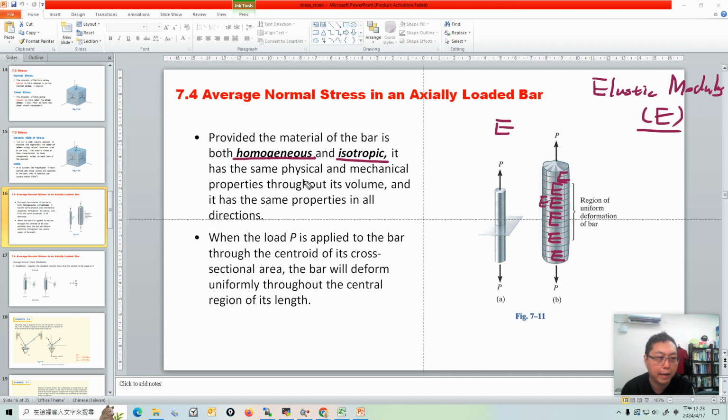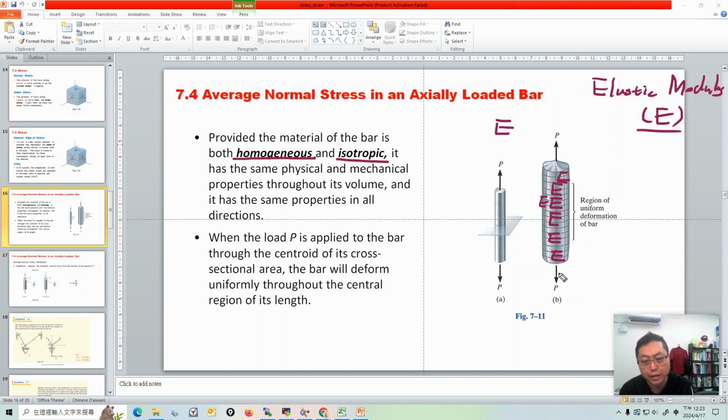That just means homogeneous and isotropic: the same physical and mechanical property throughout its volume, and the same property in all directions. That's our assumption for this course.